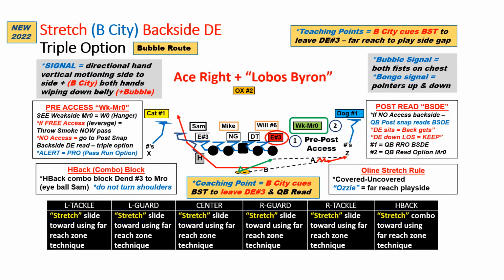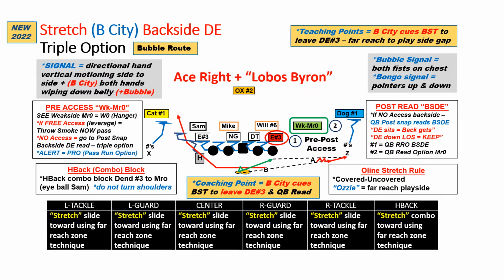All right, our first example, and what I would recommend as your first installation of this, is a stretch reading the backside defensive end. This becomes a B city cue, and it becomes triple option. Example here is a bubble route. So you can see we're going to do our original call of stretch zone to the left, Lobos, and then as a suffix, since we're going backside, we'll add a B city Byron.